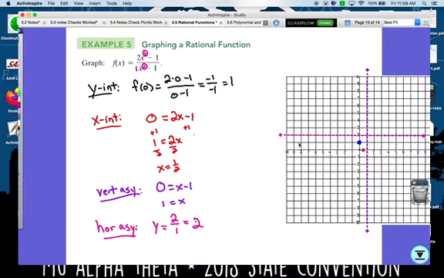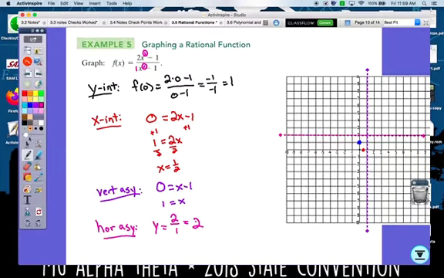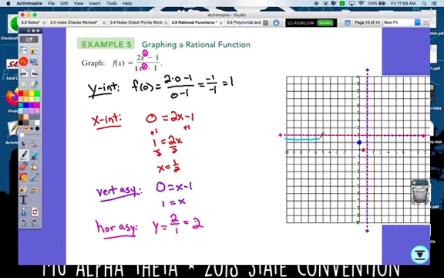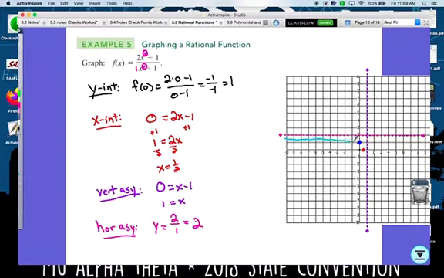So on the left-hand side, my function is going to look like this. It's going to hug that horizontal asymptote, go through those 2 points, curving through those, and then get closer and closer to that dotted line.